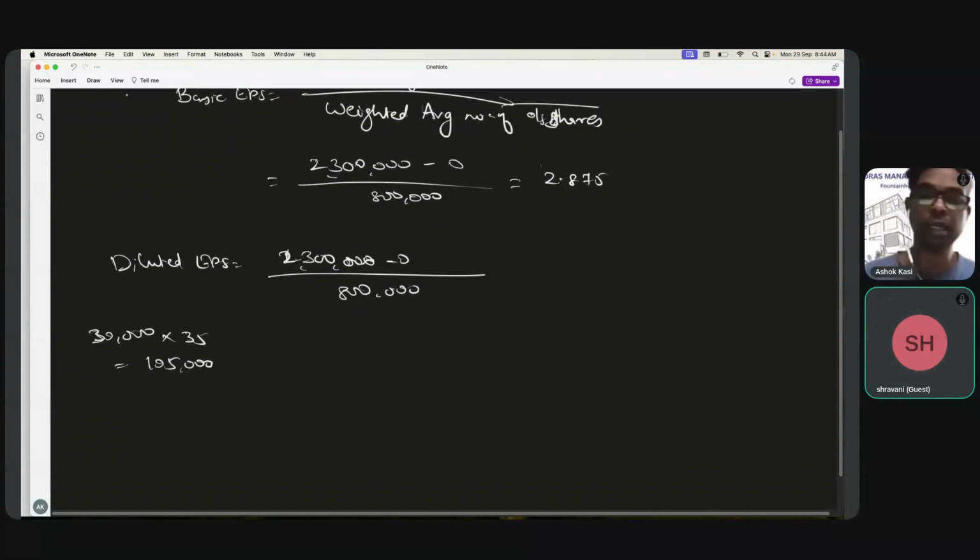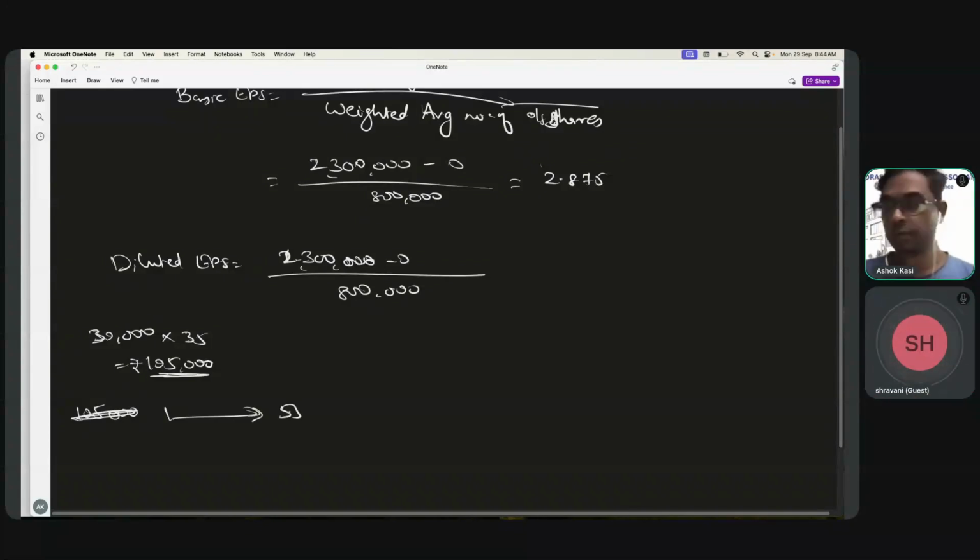So now, at a later stage, let's say you are going to convert that into shares. This much money you have received. Now one share is 55 rupees. Now you have to use this much money, 105,000.